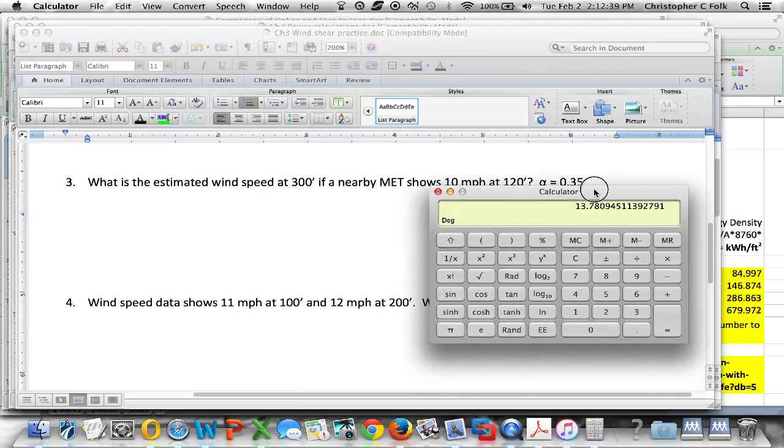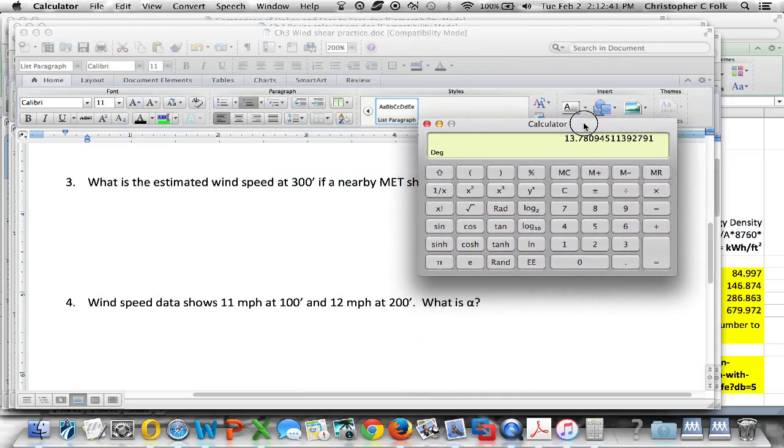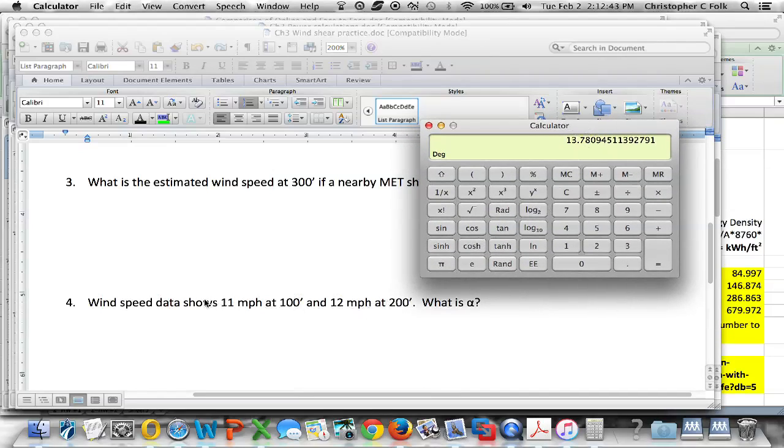I'm going to raise the calculator up a little bit and we'll just show you how to do number 4. In number 4 and number 5, we wanted to calculate what the wind shear value was if I know what my measured heights and wind speeds are. So I'll clear this out. And this one, everyone got this done well, and it would be interesting to find out how many of you divided 11 divided by 12 and then got the logarithmic function. And, oops, I forgot to do something.